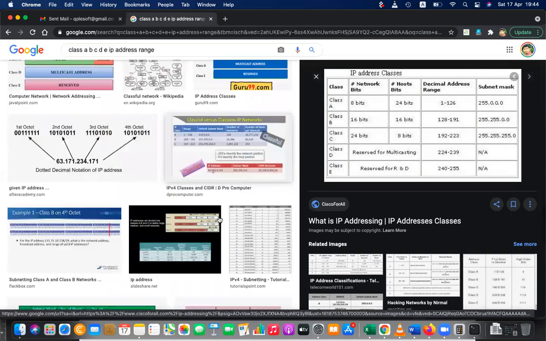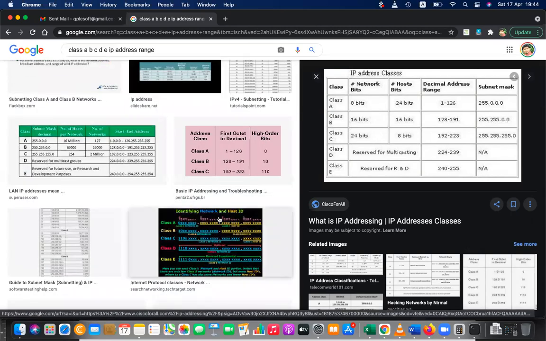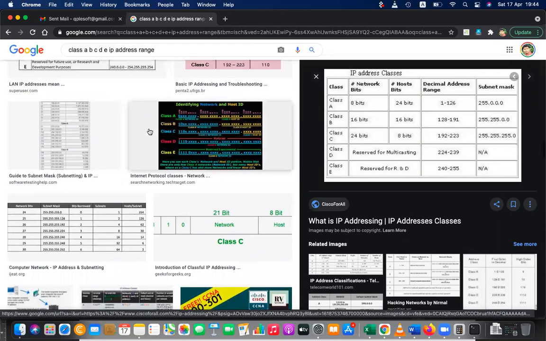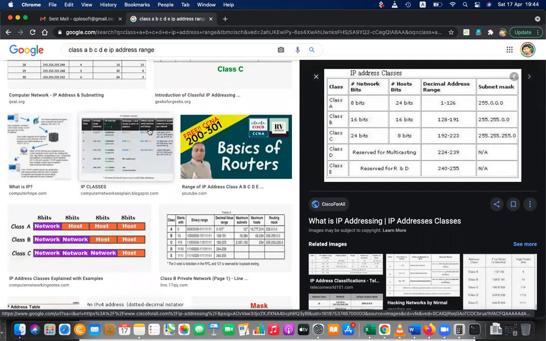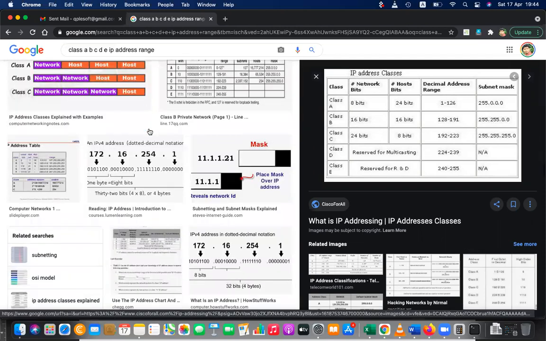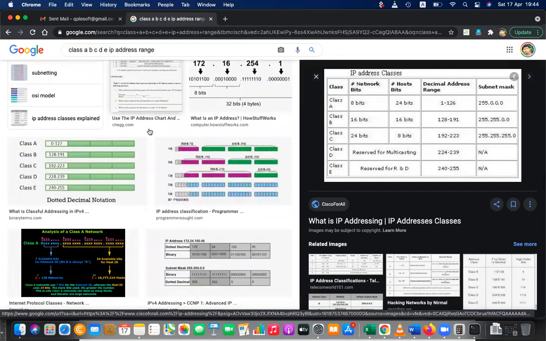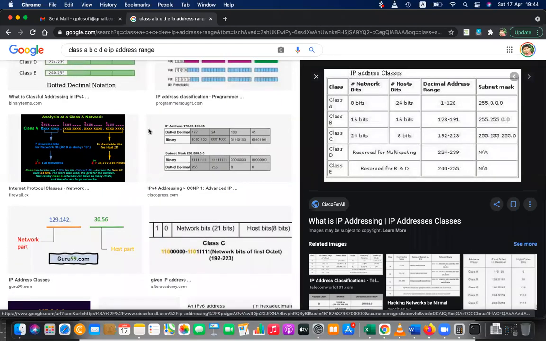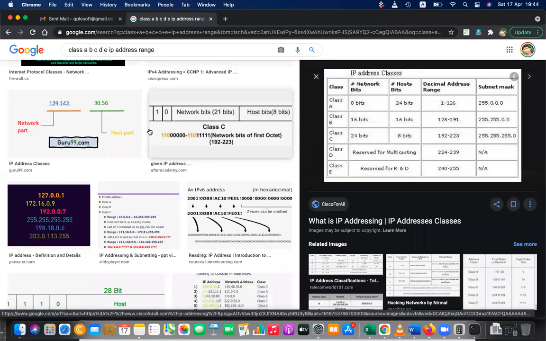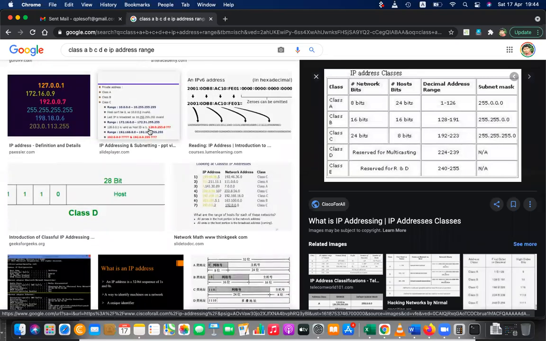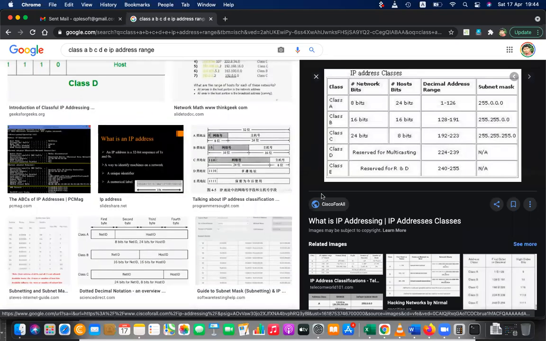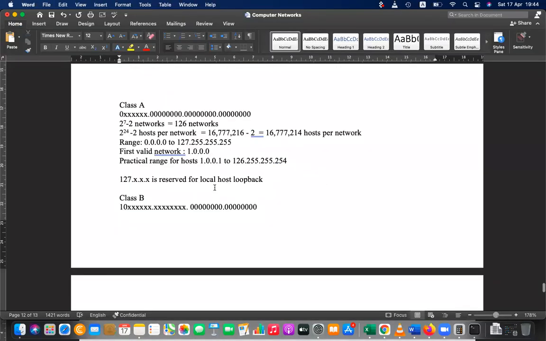It is only showing the ranges, but it's okay. So let's keep it as it is. Okay, class B is done with that.